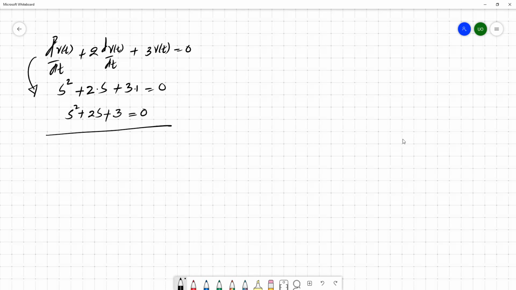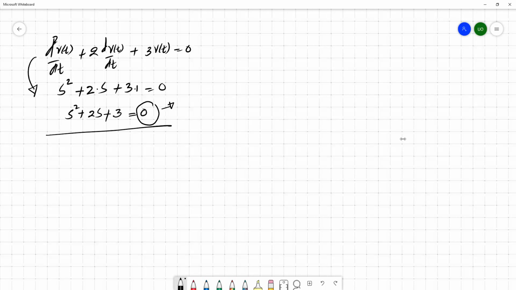First let the right hand side of the original differential equation be 0, then apply this substitution. Otherwise you will end up with a non-zero quantity on the right hand side of the characteristic equation. So keep in mind that the characteristic equation comes into the picture when you are evaluating the natural response.